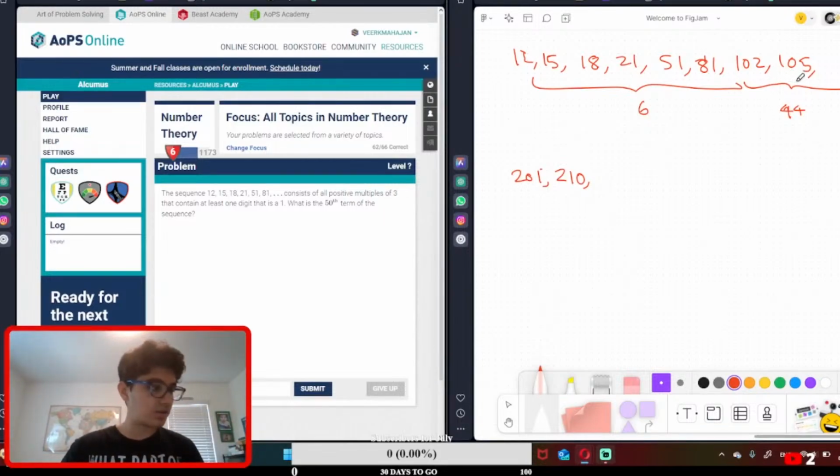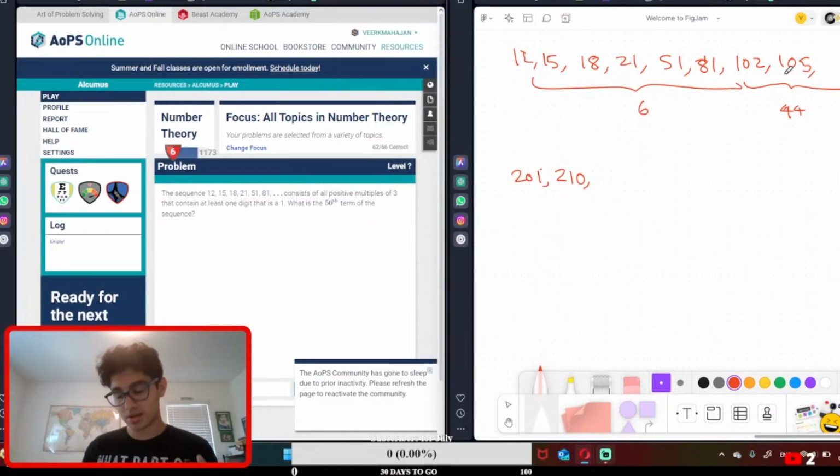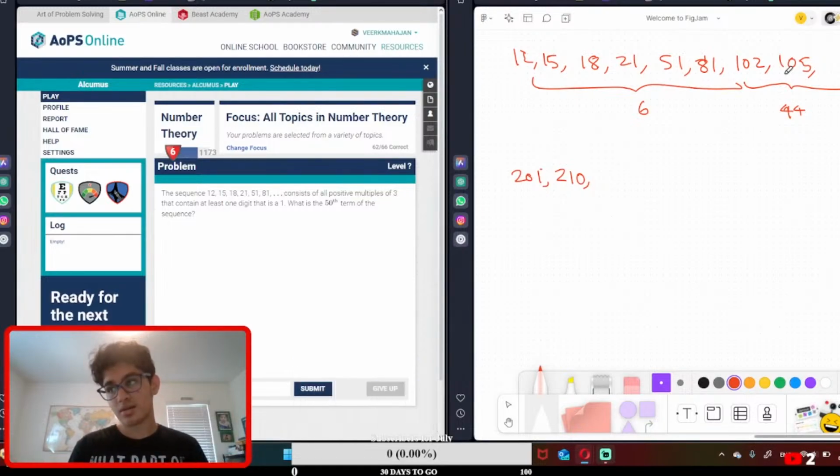How many multiples of 3 are there going to be in the 100s? Like from 100 to 200, there should be 33 of them. There are 6 before that, so that's already 39. So it should be the 11th term in this sequence over here.